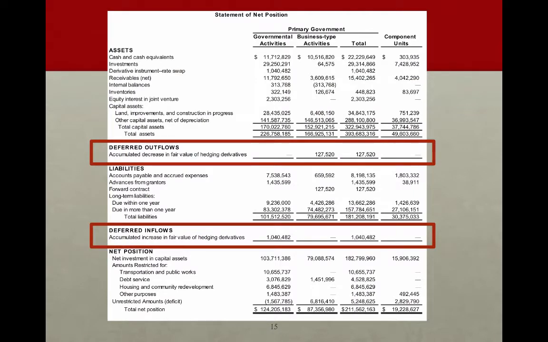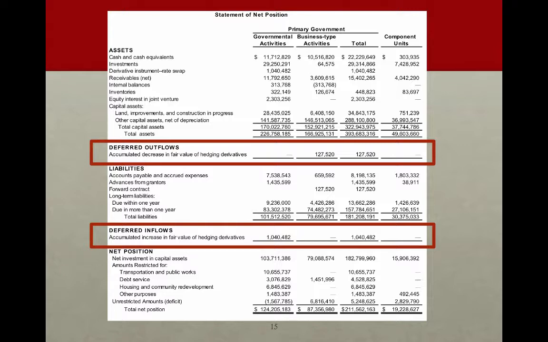This is what a typical statement of net position would look like, and you can see that there is a separate section here for deferred outflows following the assets, and a separate section for deferred inflows following the liabilities. There's only one example in each of these. Both of them happen to be deferrals that are related to Statement 53 on derivative instruments, because at the time that 63 came out, Statement 53 was the only pronouncement that was in effect at that time that required the reporting of deferrals.